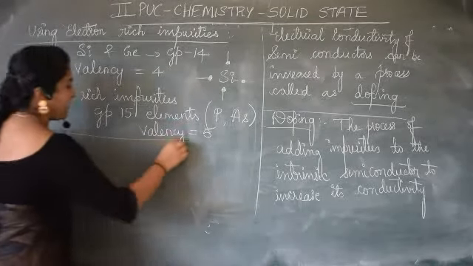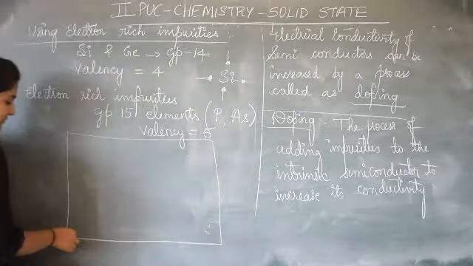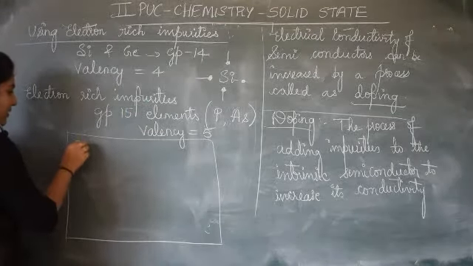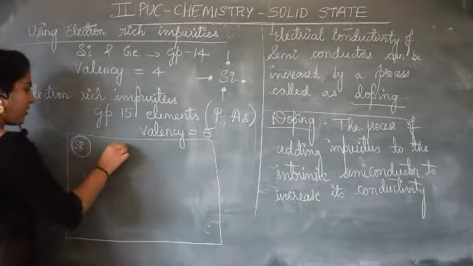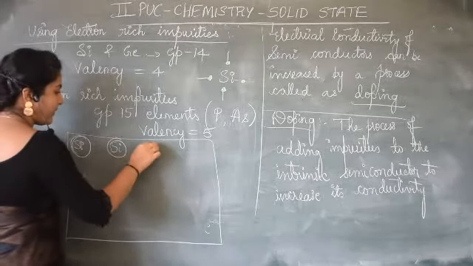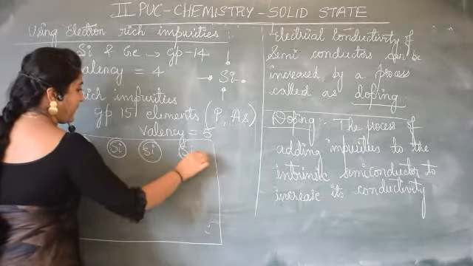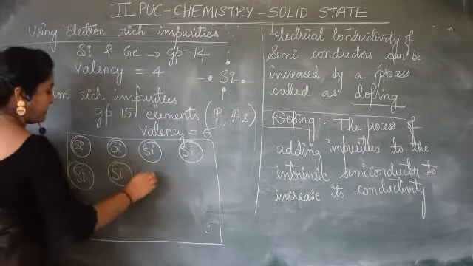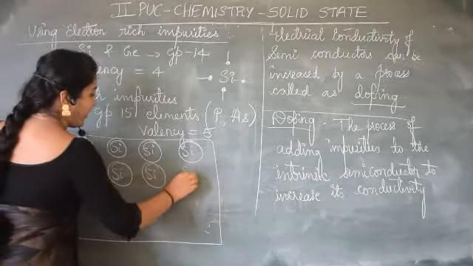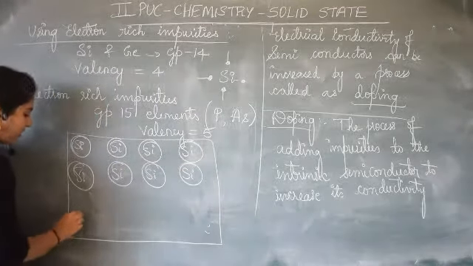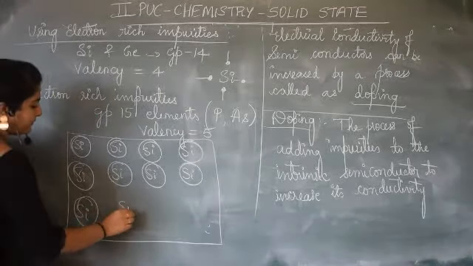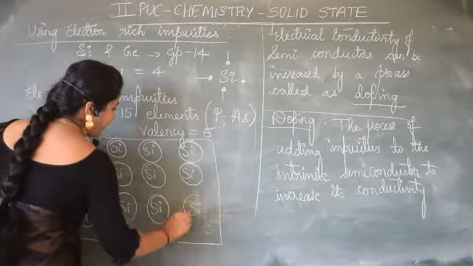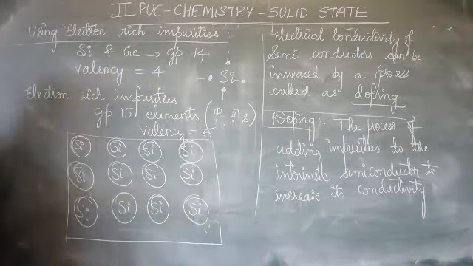If you consider a crystalline solid, then it is all silicon. All silicon atoms will be present in the silicon crystal. This is an intrinsic semiconductor, where all the same type of atoms are present.